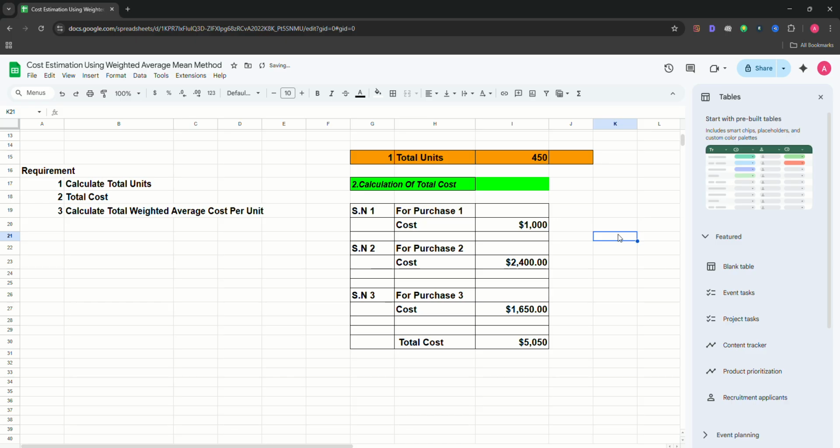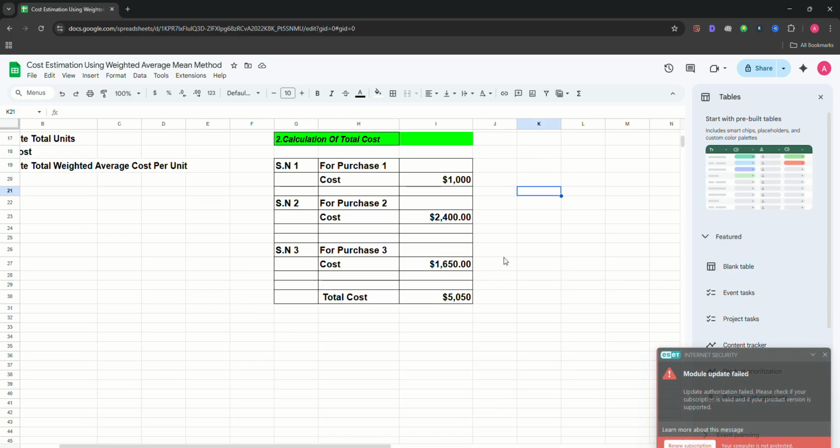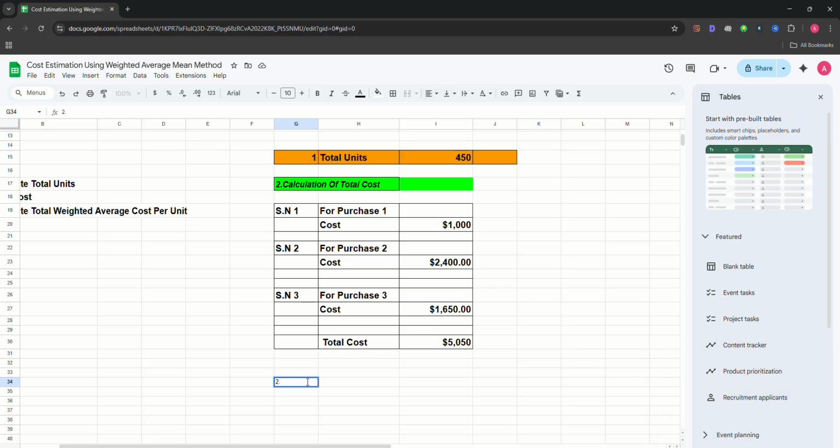Now I'm going to find out the total weighted average cost, which is total cost divided by total units. So calculation number 3, weighted average cost per unit formula.